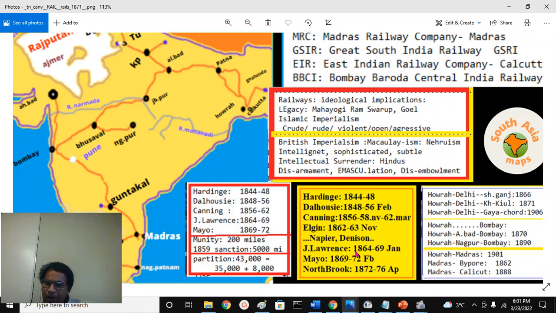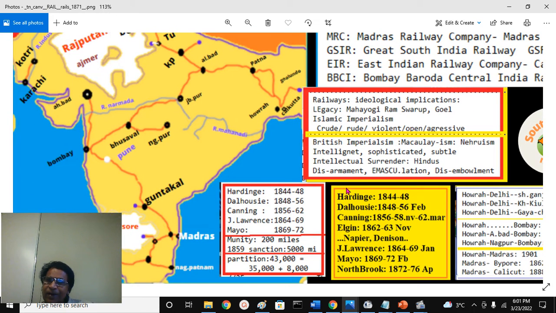In Lawrence's time, a lot of railway line was built, and at Mayo's time we are stopping at 1871. So Hardinge, Dalhousie, Canning, Elgin, John Lawrence. His brother Henry Lawrence was also head of British Punjab for a short time before him. So these are the Governor Generals.